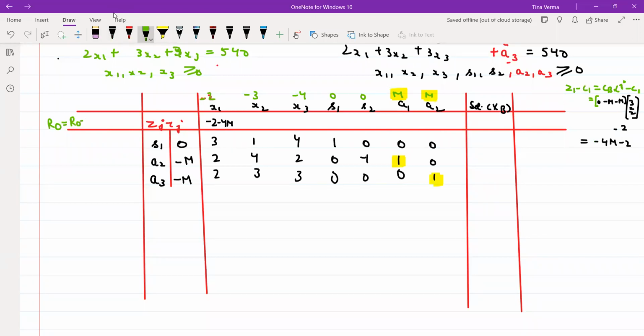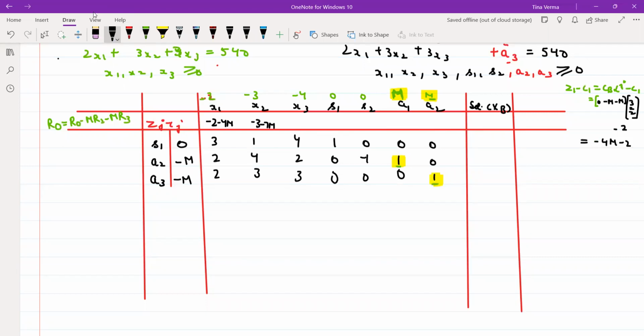That R naught is my minus M times my R2 minus M times my R3, right? Or you can apply it 1, 1, right? Because you have to make this M as 0 with the help of this one, and this M as 0 with the help of this one.